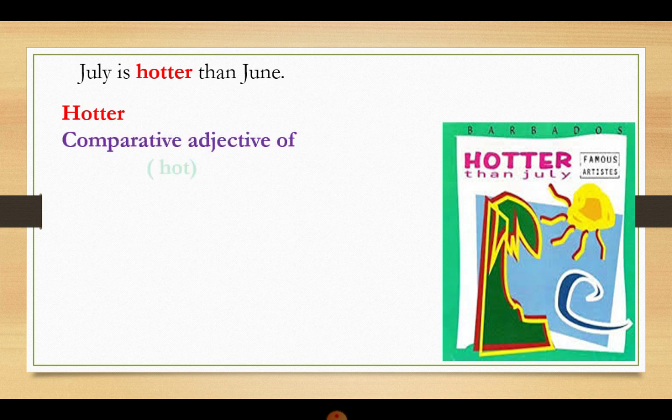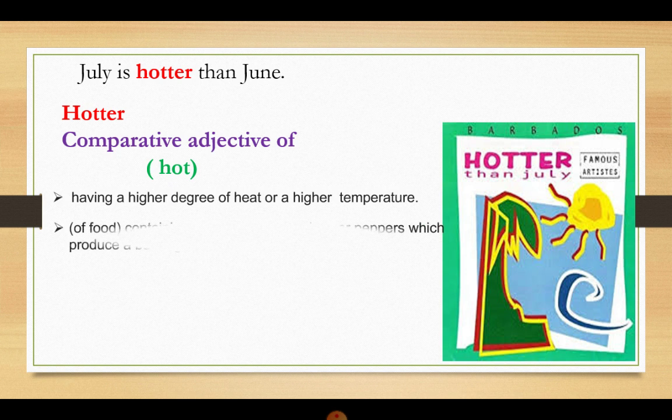And what is the base adjective? Hot. What does it mean? It has two meanings. The first one, having a higher degree of heat or a higher temperature, comparing it to another thing. And what is the other meaning? In this case, if it's related to food.